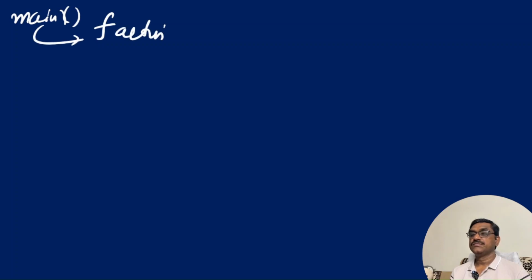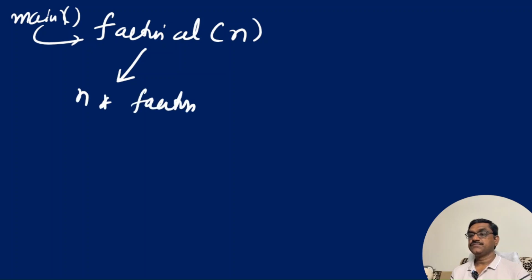Now, for example, assume that main is calling factorial with some input n. Now this is going to call itself like this: n into factorial of n minus 1.